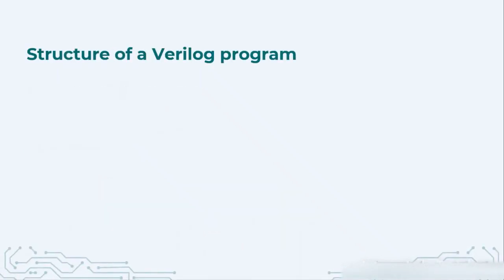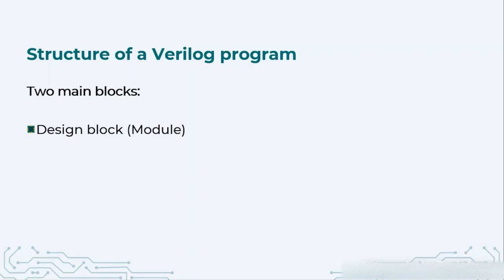Let us see a typical structure of the Verilog program. We are going to have two main blocks. The first one is called the design block or the module. This is going to contain our code that will have all the inputs and outputs, and their relation. So this is what we call the design part.